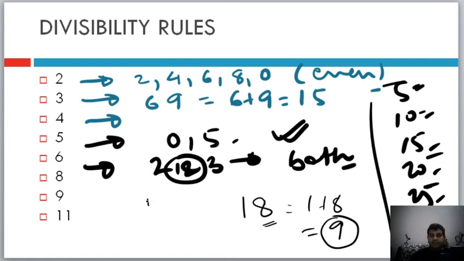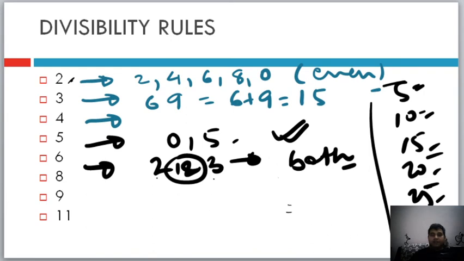But if we take another number 16, the last digit is 6, which is divisible by 2, but then 1 plus 6 is 7, which means it is not divisible by 3. So if it has to be divisible by 6, the number has to be divisible by both 2 and 3, only then will it be divisible by 6. Now let's talk about 8.